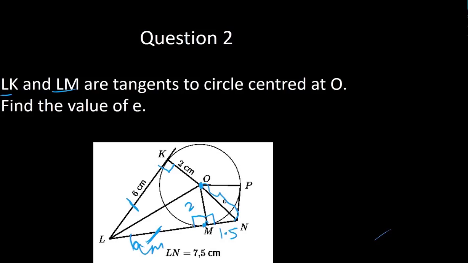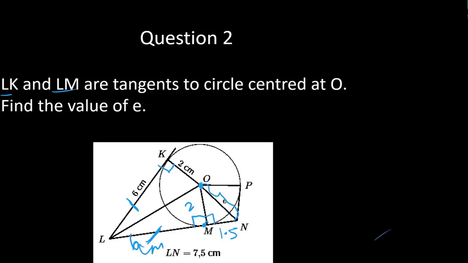You will say that LN is equal to 7.5, that was given. So therefore MN must be 7.5 minus 6, so it must be 1.5. Please do make those statements. You also need to state that OM is perpendicular to LM because tangent is perpendicular to radius. Please make those statements before getting to the point where I'm now writing the solution down.